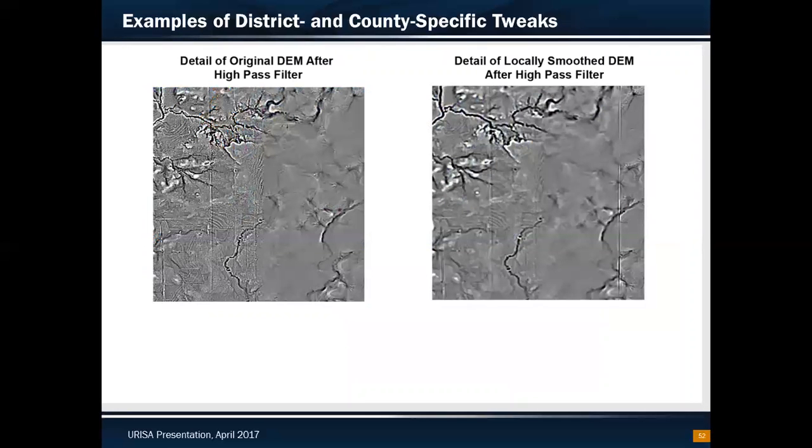Another issue that comes up a lot is we're using the NED data set, 1/3 arc-second data set, which is about 10 meter pixels. And that data set is described as the best data available to get full coverage.